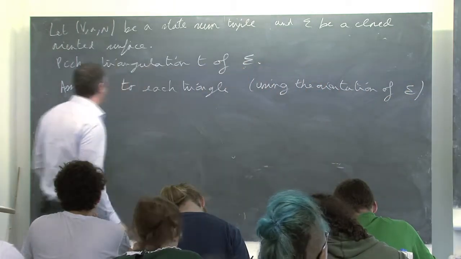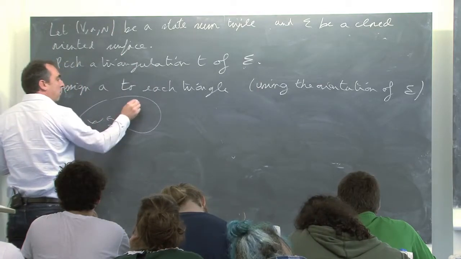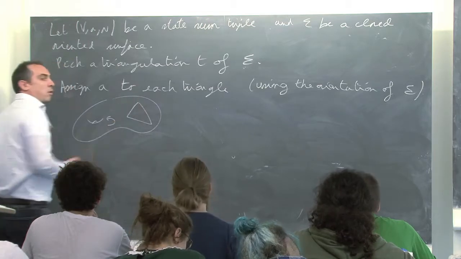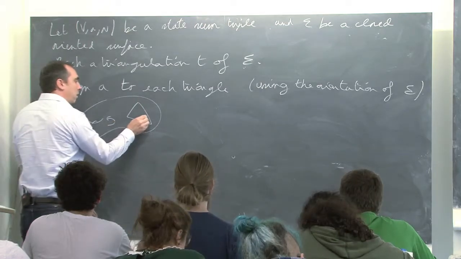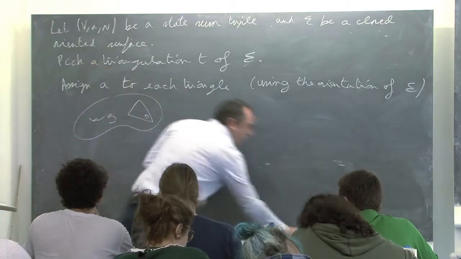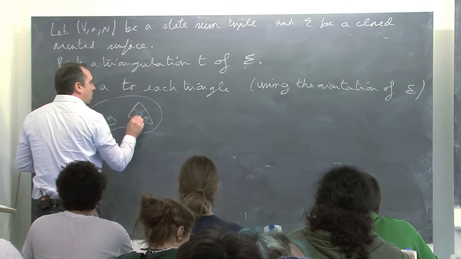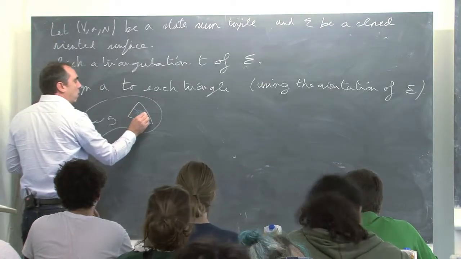So the orientation of the surface induces an orientation of a triangle, and we put A, let's say, blue A, like this, for example, 1, 2, 3.